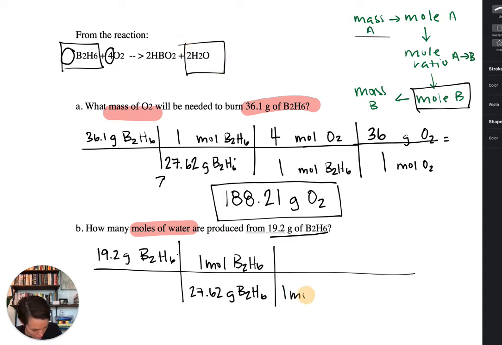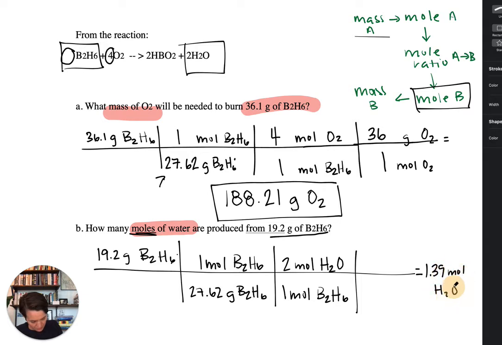So it's 1 mole of B2H6 for every 2 moles of water, right? And that's actually as far as we need to go because the question is in moles, which is unusual, but we'll take what we can get. Usually you have to convert to moles. All right, and we get 1.39 moles of H2O.